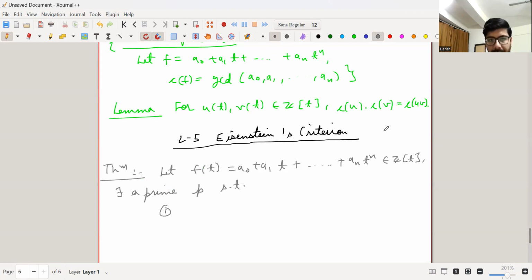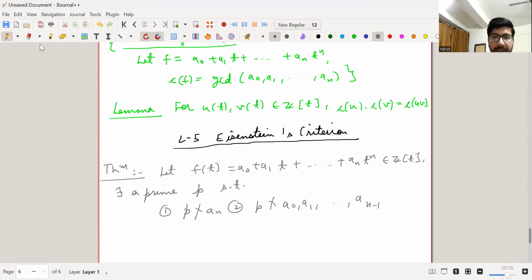First, p does not divide an, the leading coefficient. Second is p does not divide a naught, a1, so on to a n minus 1, all other coefficients.